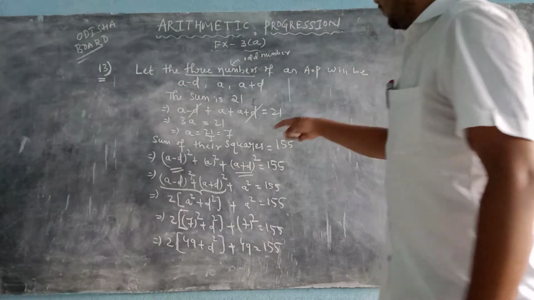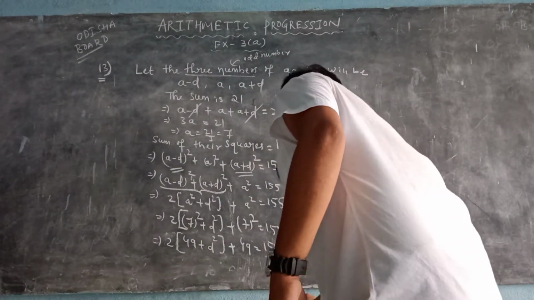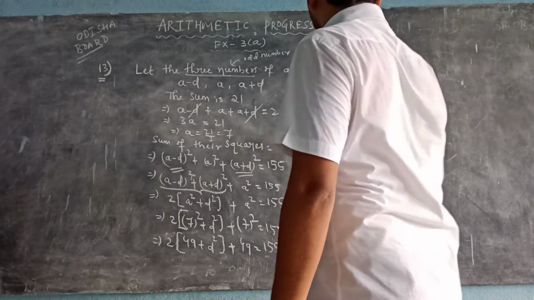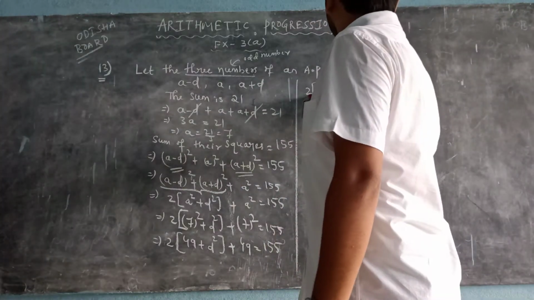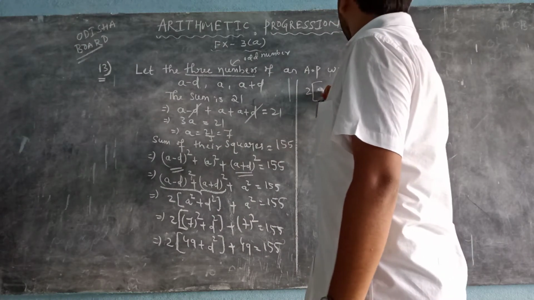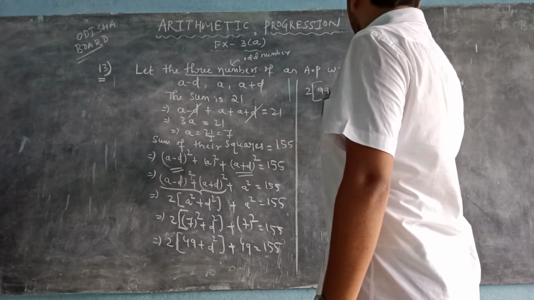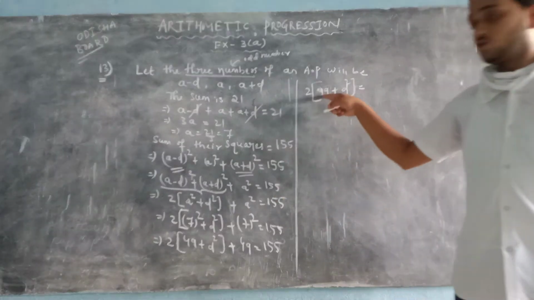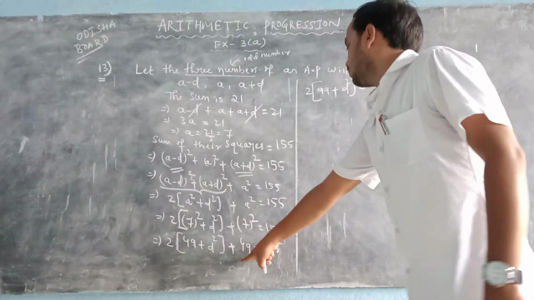See, 2 into 49 plus b square is equal to 2 into 49 plus b square plus 49.